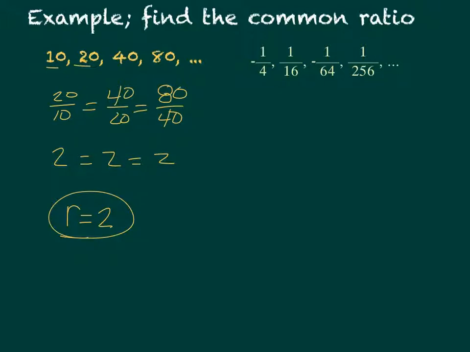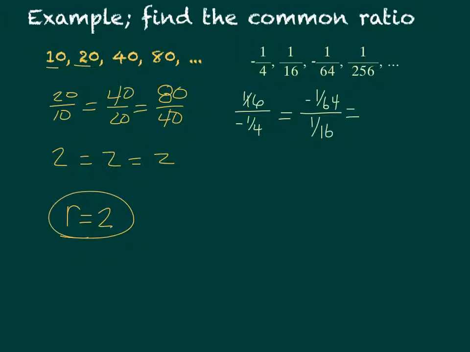This next one, we're dealing with fractions, so it's going to be a little more difficult, but it's the same idea. We take the second term, 1 over 16, and we divide it by negative 1/4. And we want to see if that equals negative 1 over 64 divided by 1 over 16.